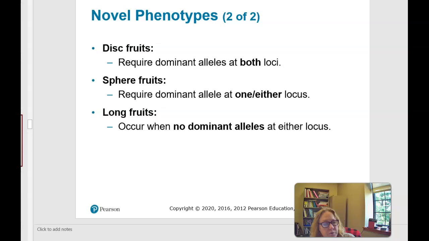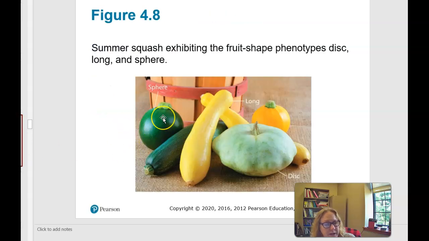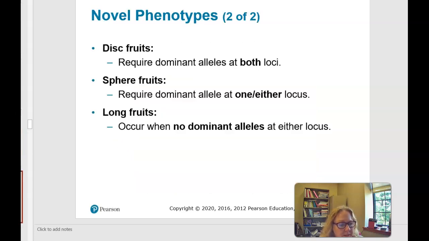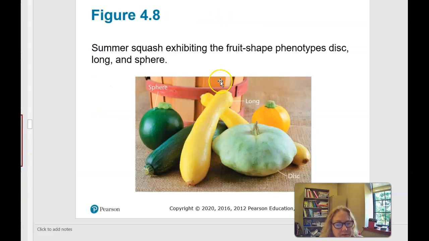The long fruit, no. So here we have the sphere, and it is basically, oh, which one was the sphere? I gotta go back. Heterozygous. So long fruit, go back up here. Long fruit, no dominant alleles. Sorry. Long fruit, homozygous recessive, right?